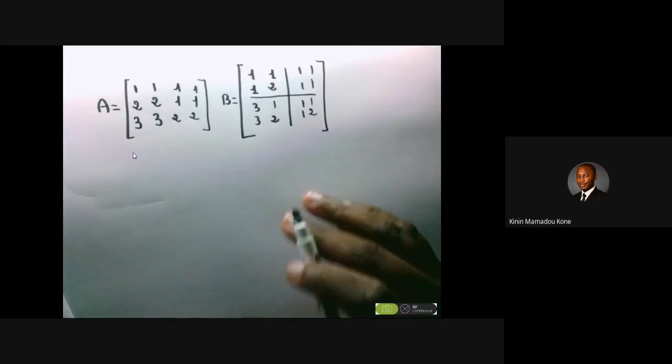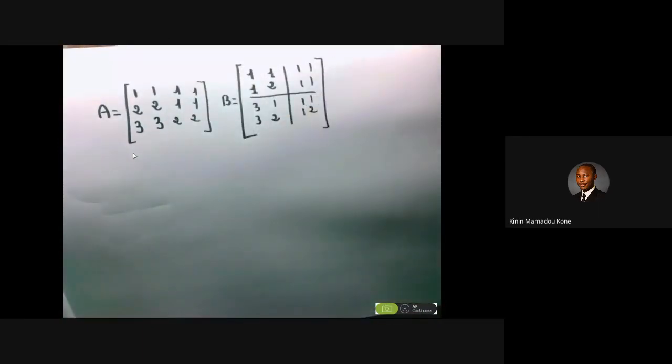Okay. So we want to perform the block multiplication.